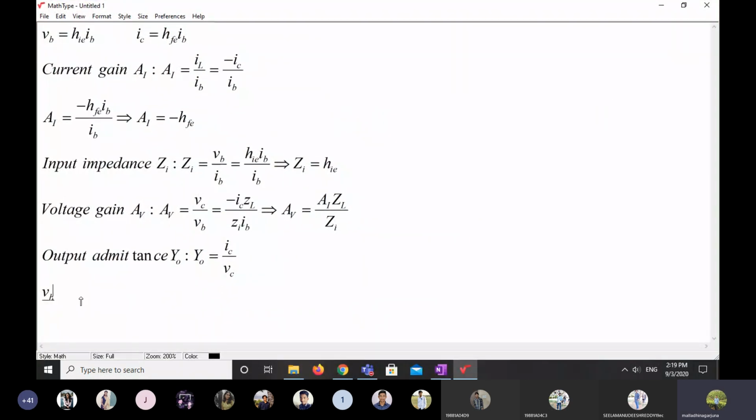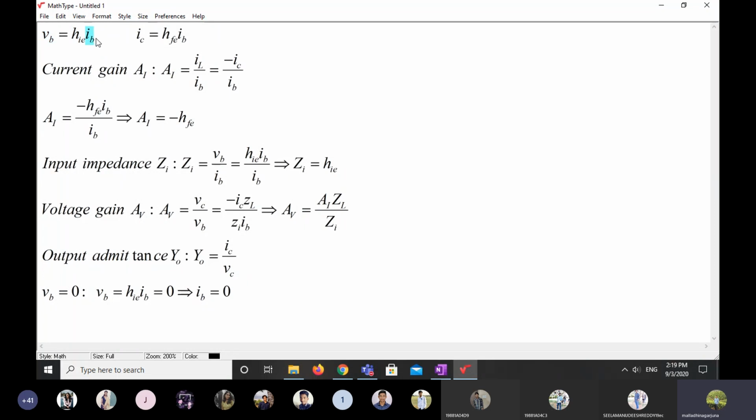So here VB should be 0. If VB is 0, then VB equal to HIE into IB is equal to 0. Because VB is equal to 0, HI into IB equals 0. That implies IB becomes 0, because HI is not equal to 0, as HI typical value is 1.1 kilo ohm. The only possibility to make VB equal to 0 is that IB must be 0.